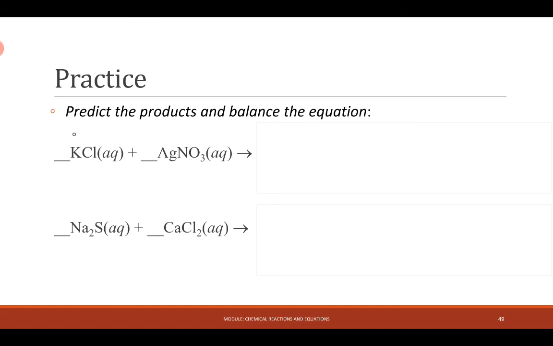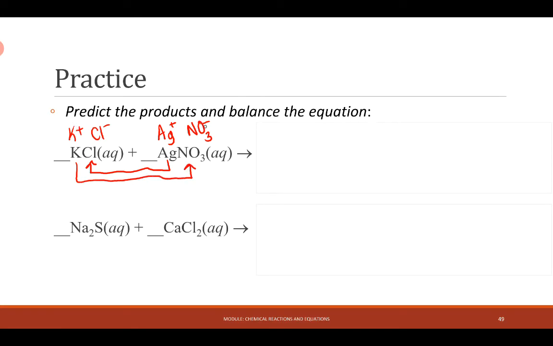All right, let's go over this. So above each substance, I'm going to write the ions that make it up. This will help me make sure that I am forming neutral ionic compounds when I make my ion exchange products. When I apply my double displacement reaction pattern, silver will bond with chlorine and potassium will bond with nitrate.